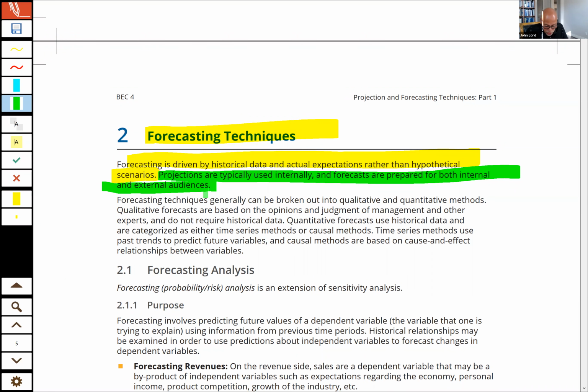Forecasting is generally for both internal and external audiences, whereas projections are for internal audiences. So maybe you could flashcard it here if you want. I did already ask you to flashcard some of those points about the difference between forecast and projections. Forecasting techniques generally can be broken into qualitative versus quantitative methods.